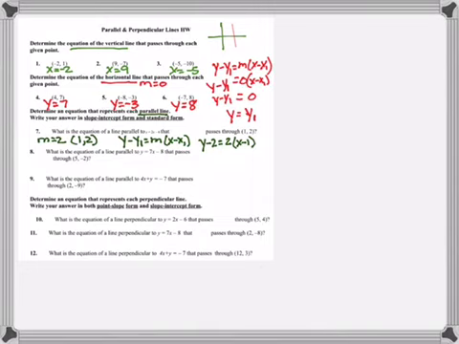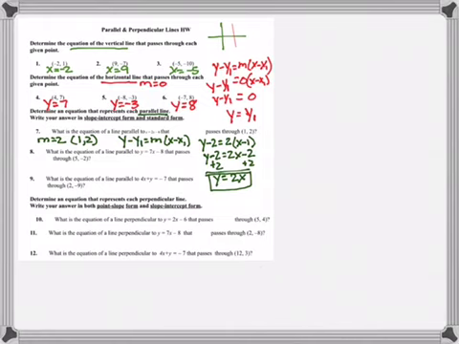So let's go ahead and put it into slope-intercept form. So I will have y minus 2 equals 2x minus 2. When I move this 2 over, adding it to each side, I'm going to end up with y equals 2x. Since 2 plus -2 gives me 0, this would be my slope-intercept form for this first problem.